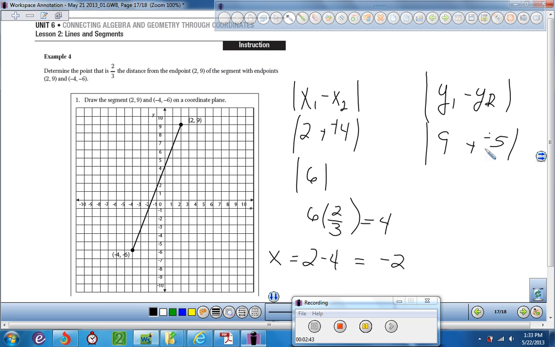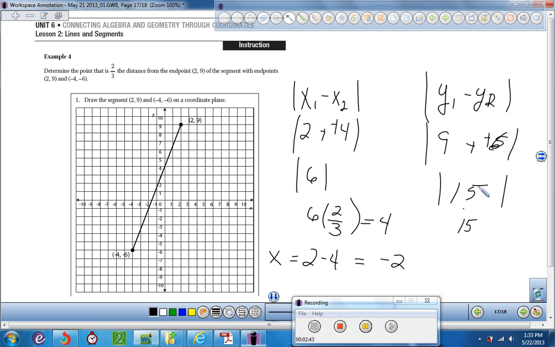It comes to be plus, so we end up with 15. I said 14 and then 24, but that should have been a 6 and not a 5. It's 9 plus 6, which gives us 15. Take the absolute value, it's 15.